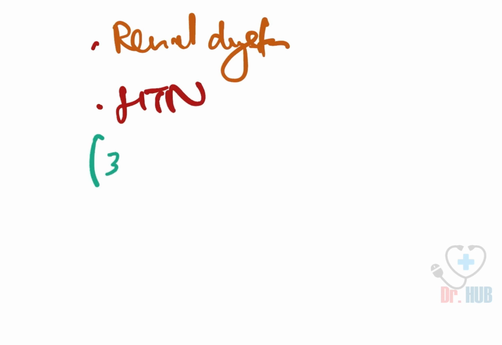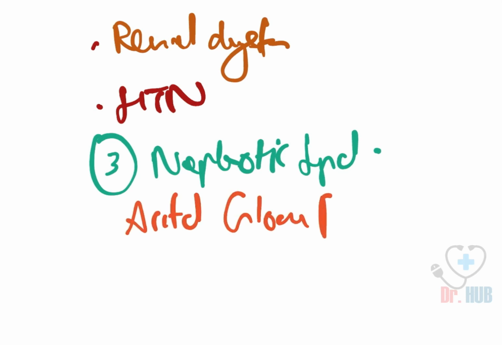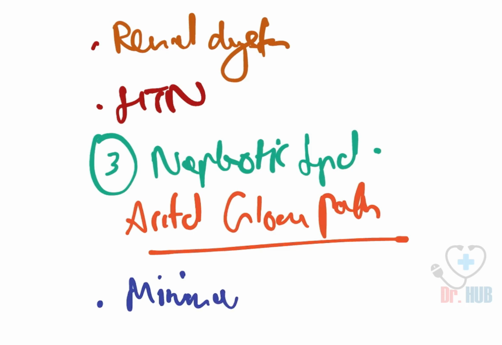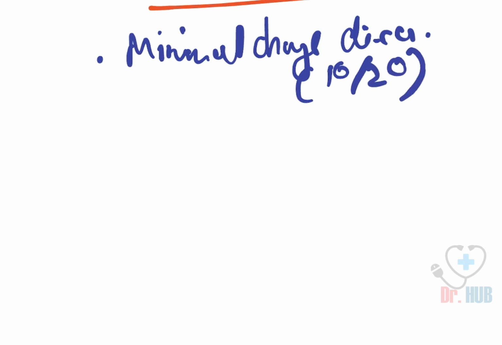The third question which was asked in this video: we saw the nephrotic syndrome and its associated glomerular pathology. Here we saw minimal change disease, which included primary and secondary.